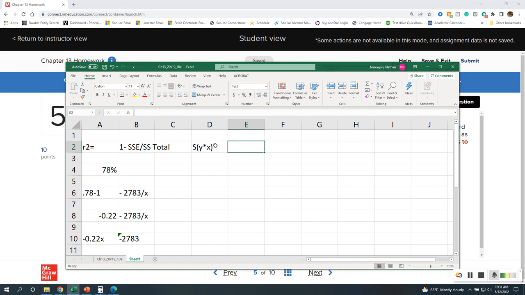Fortunately, I can't do subscript right now, but it's the square root of the sum of y minus y hat.